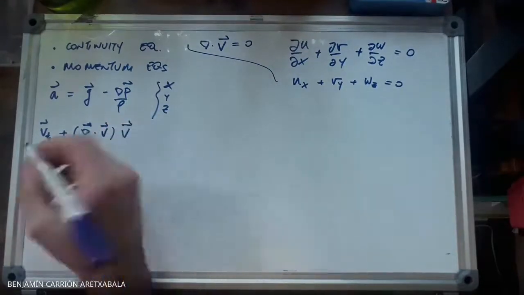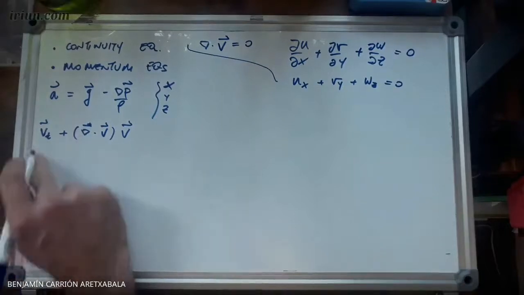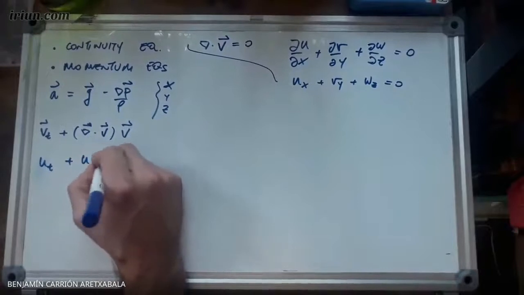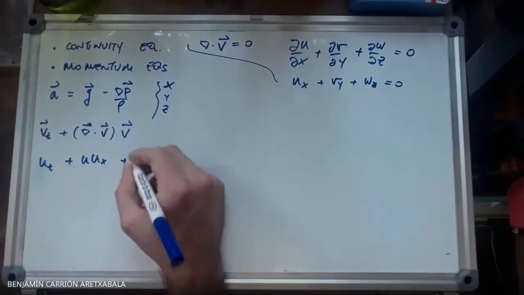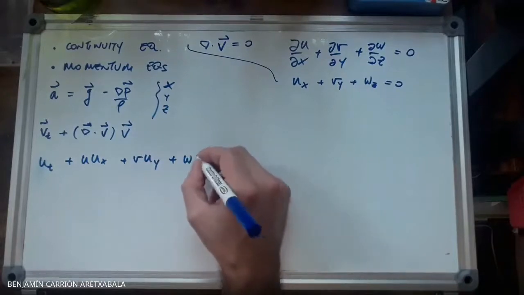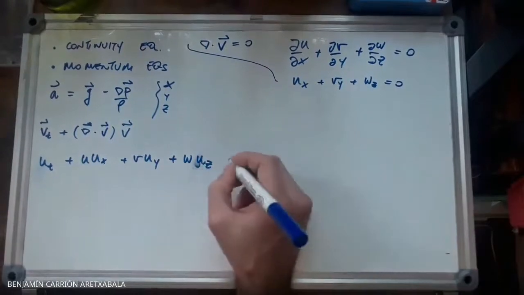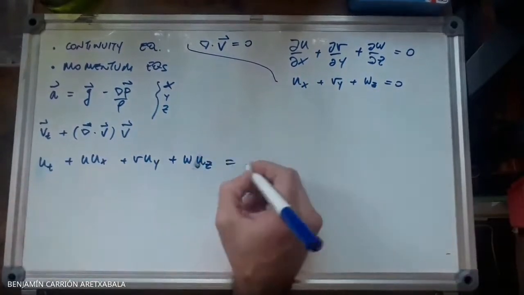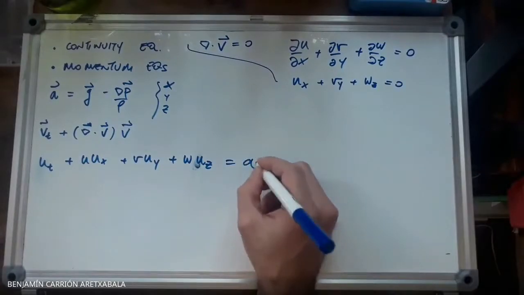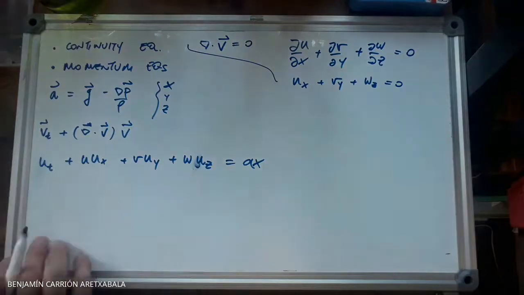But basically, for x, for instance, let me write this larger: u sub t plus u u sub x plus v u sub y plus w u sub z. So this is the acceleration on the x-axis, and you could do the same for all of them.